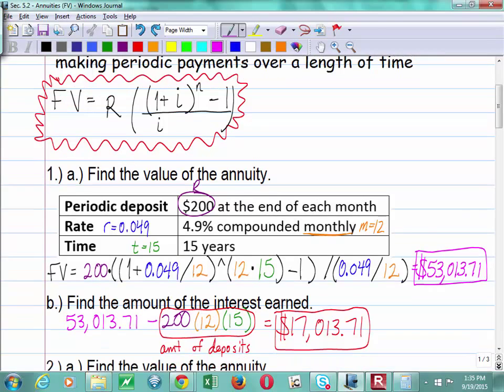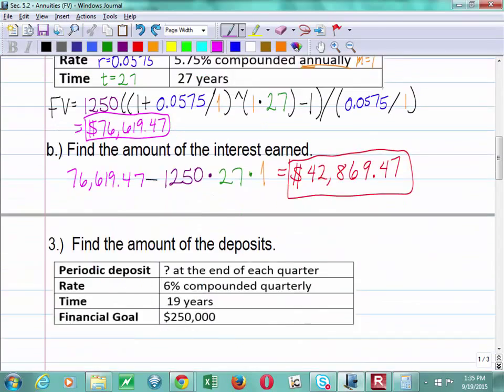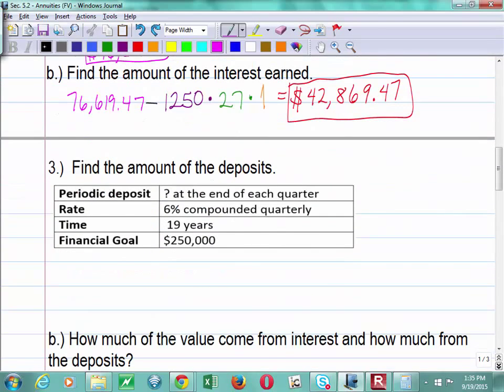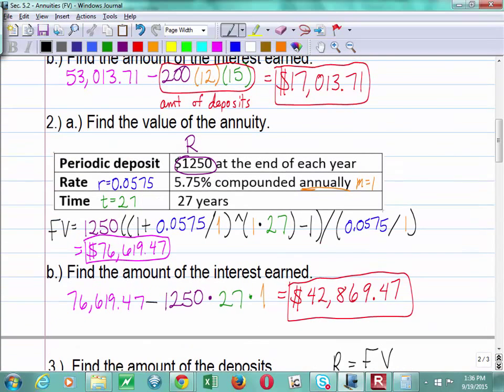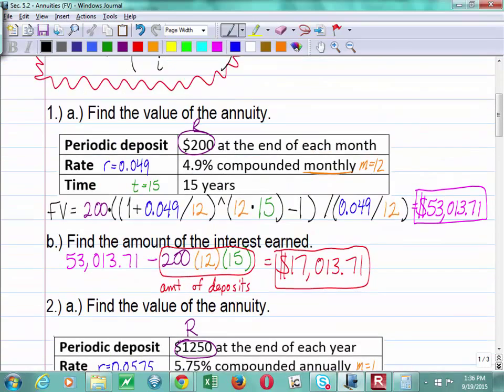Okay, so basically that formula would be payment equals future value divided by 1 plus I to the n minus 1, all over I.